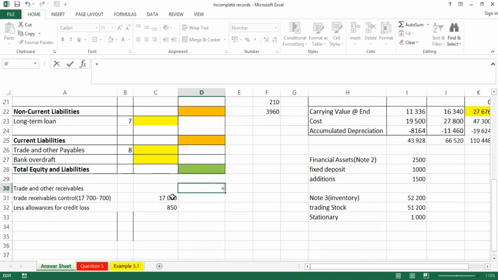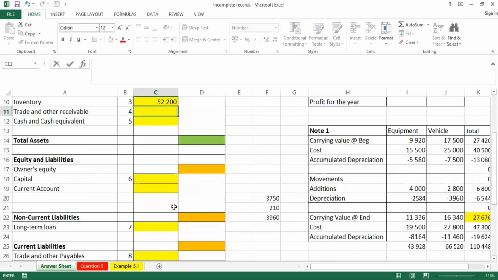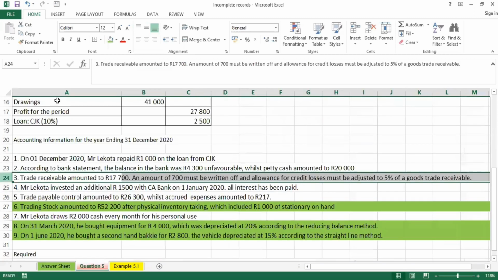Minus this, and we get 16,150. And then now we are done. Okay, let me check. Yes, we're done with this. We're checking any other information concerning our trade and other receivables. I think that's pretty much it.